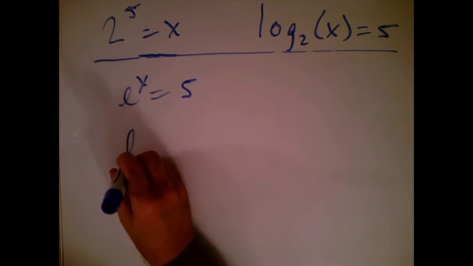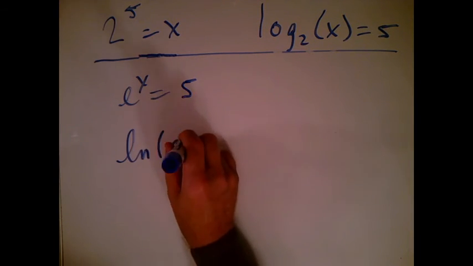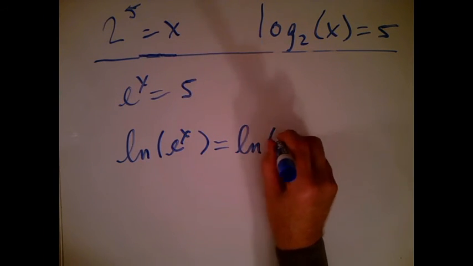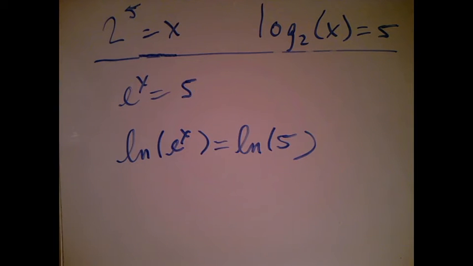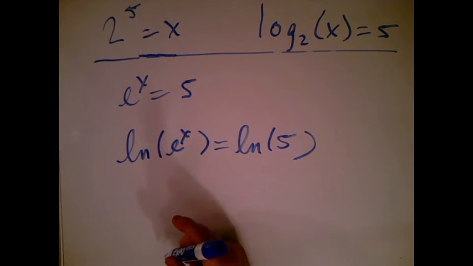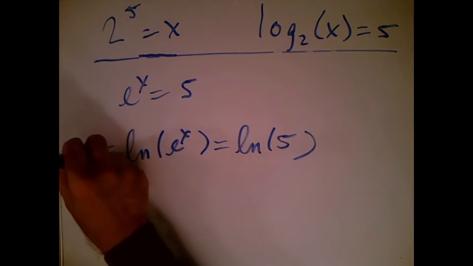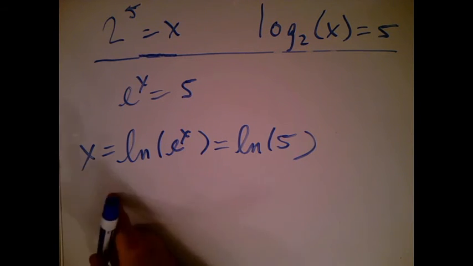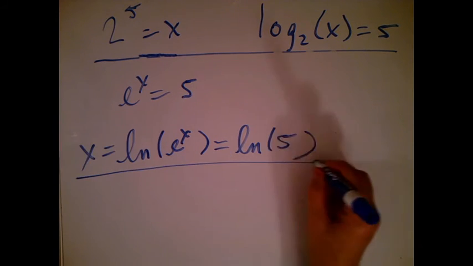So I'm going to take the log base e of the left-hand side equals log base e of the right-hand side, like that. Now, what in the world is the left-hand side? Remember, that's log base e of e to the x. Well, log base e says write the inside as e to a power, already done, and then the log base e says the answer is just the power, and we get that. So writing down e to the x equals 5 is exactly the same thing as saying x equals the ln of 5. Let's go the other way.